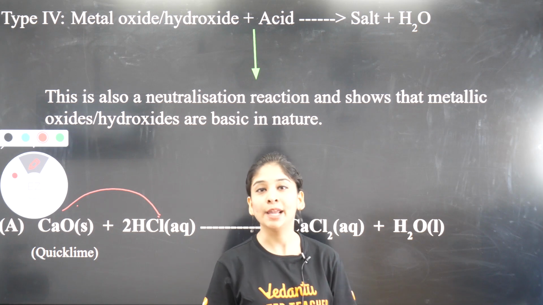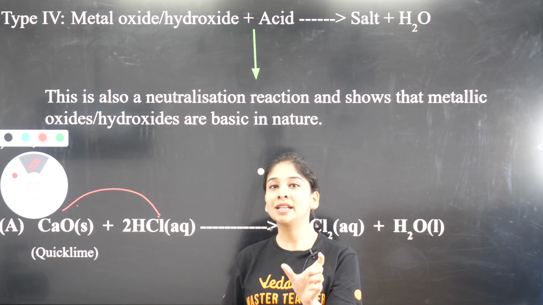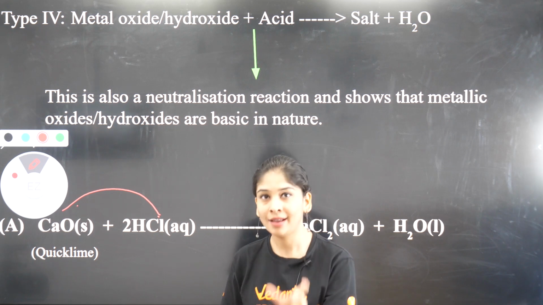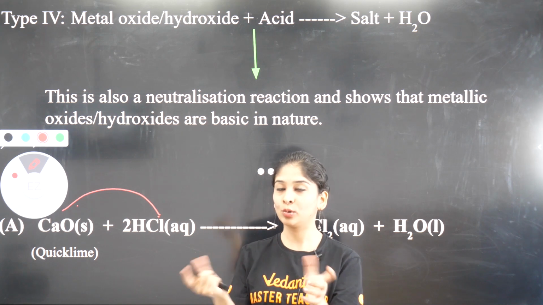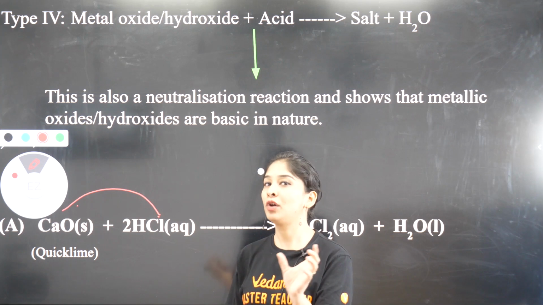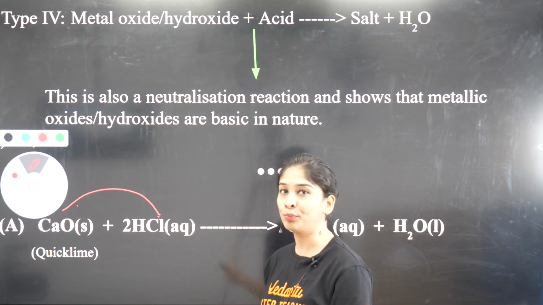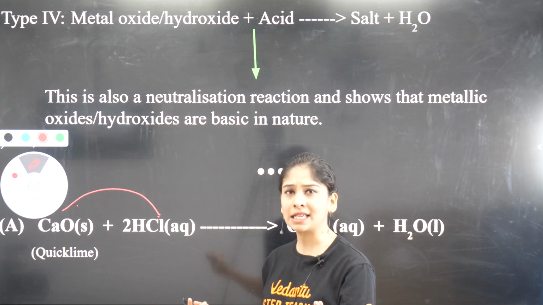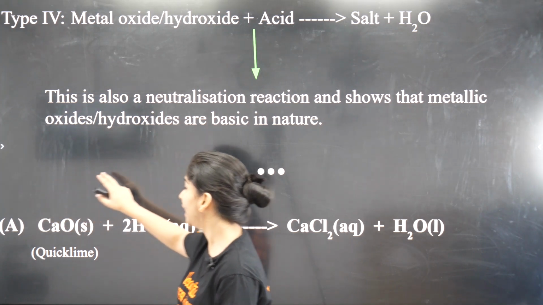So this is also a type of neutralization, and we can prove by this method that metal oxides are basic in nature. How come metal oxides are basic in nature? Because they react with acid to give salt and water, which is neutralization, which is only possible if your metal oxide is basic in nature. So you can write this statement to prove that. This can be asked as a 2 marks question, okay? So yes, that can be done in this way.